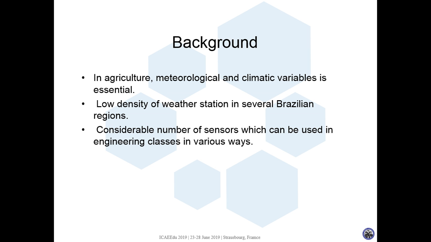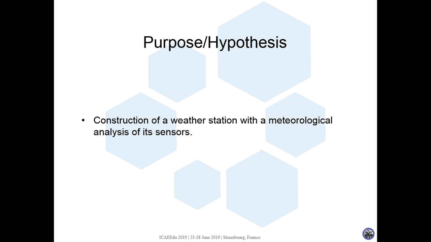However, often due to cost, the density of weather stations is low in several regions, causing great uncertainty in the models of climate estimates. The need for an affordable solution to this, and a considerable number of sensors and integrated technology that can be used in engineering classes, motivated the construction of a functional weather station with the meteorological analysis of its sensors.